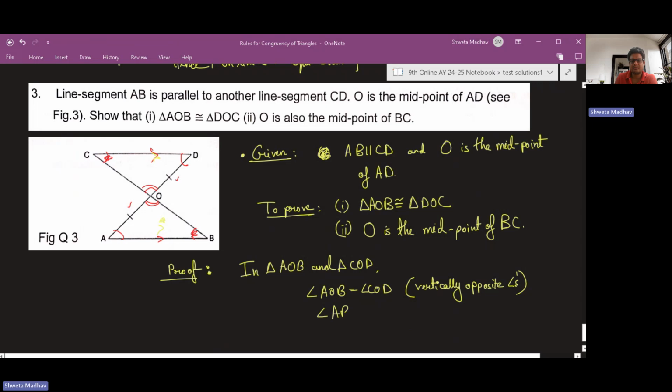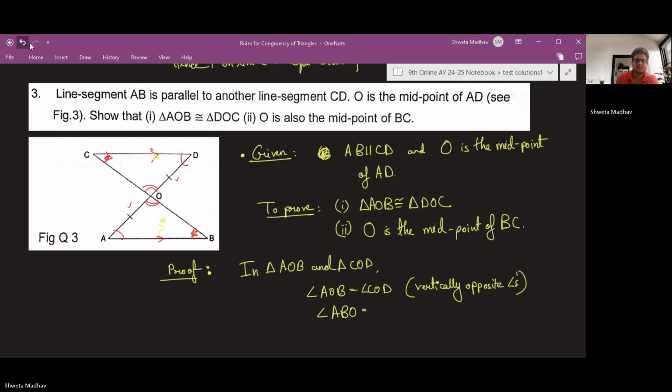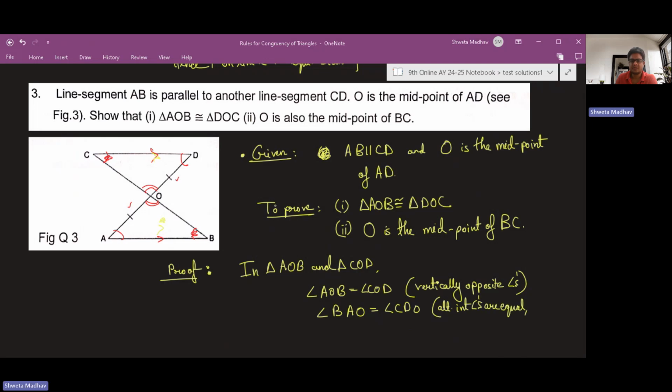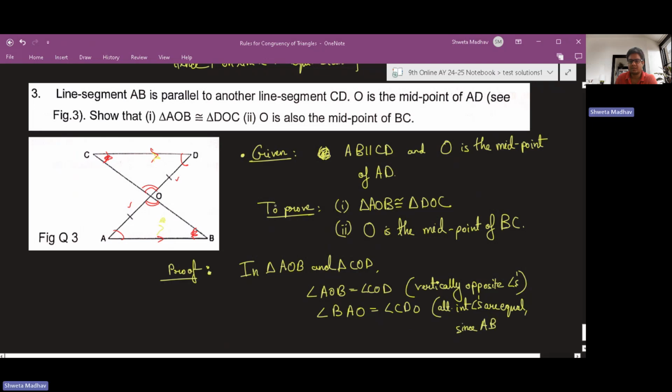And angle BAO is equal to angle CDO, since alternate interior angles are equal, since AB is parallel to CD and AD is the transversal.